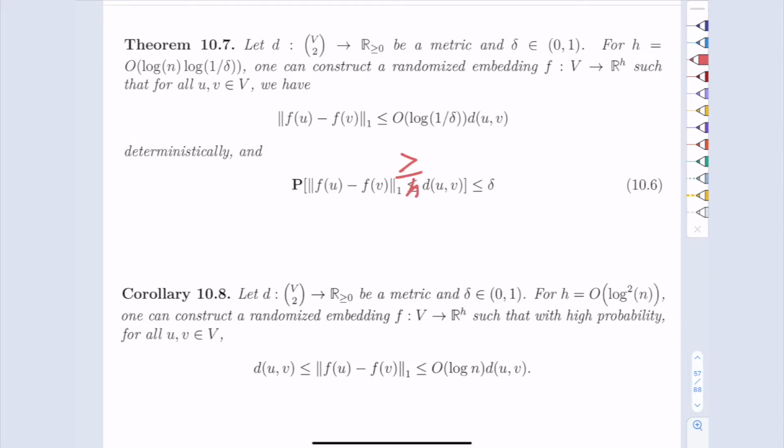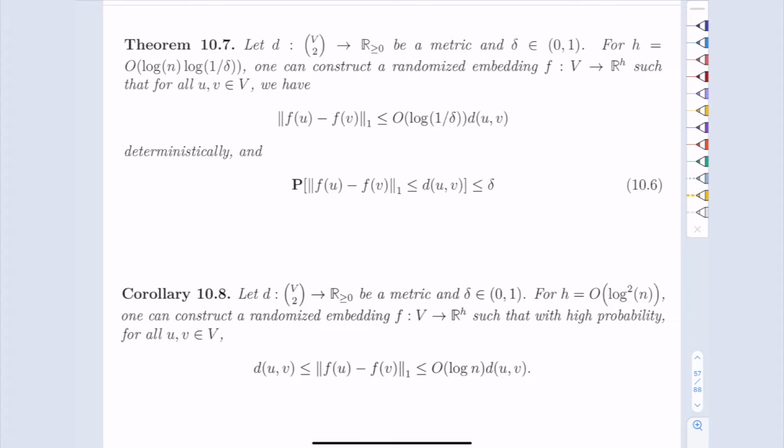Okay, and it'll also be bounded, oh no, that was correct. It'll usually be bounded below, sometimes it won't be bounded below with probability delta, so it's probably 1 minus delta, it'll be greater than or equal to d(u,v).